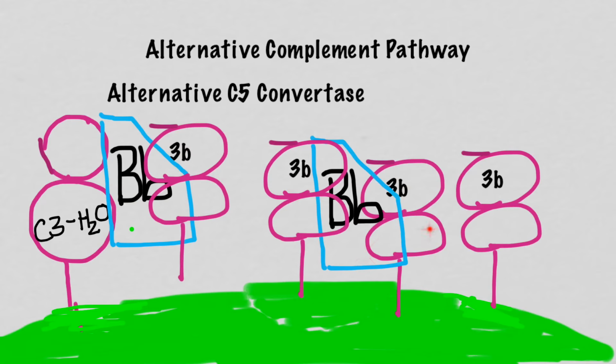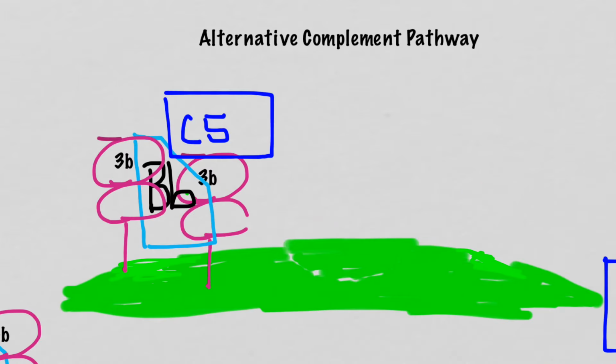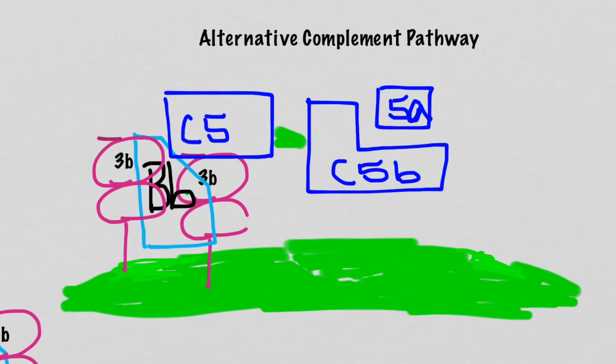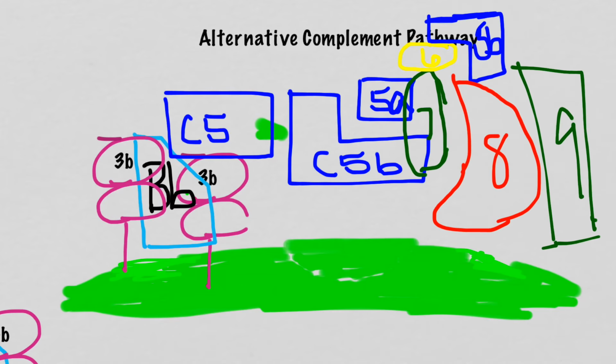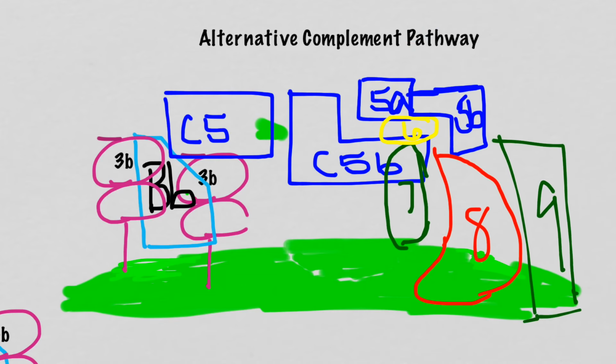If you get either of these combinations of 3, you have a C5 convertase. So C5 comes in and then is cleaved, and that leads to the formation of C5a and C5b. At that point, we just go into the final common pathway, which is really the formation of the membrane attack complex, which leads to C5b joining with C6, C7, C8, and C9, causing lysis of the cell.